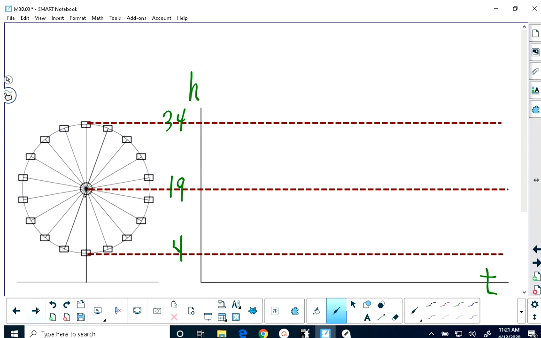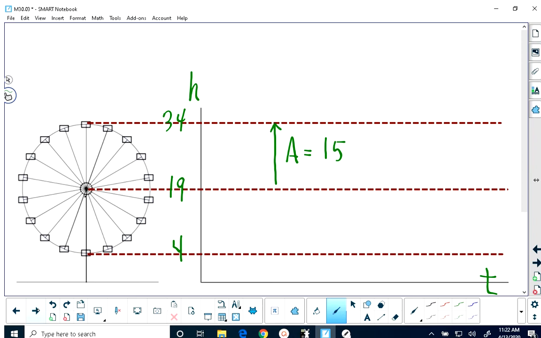Of what value is all of this? Well, we know now that the amplitude, looking at this graph, is equal to 15, which means lowercase a is either 15 or negative 15.